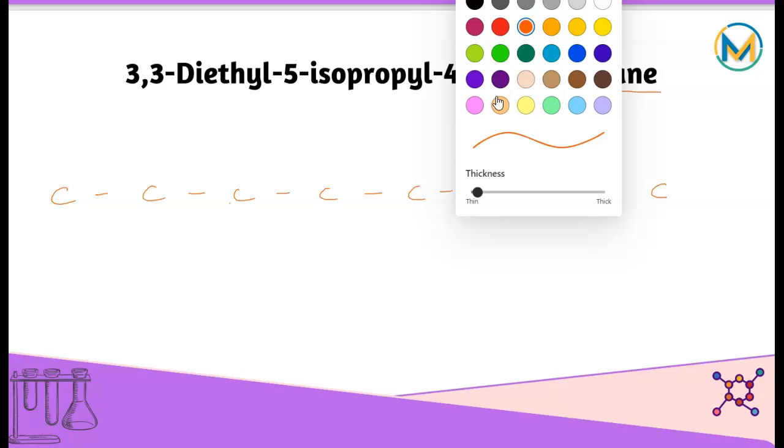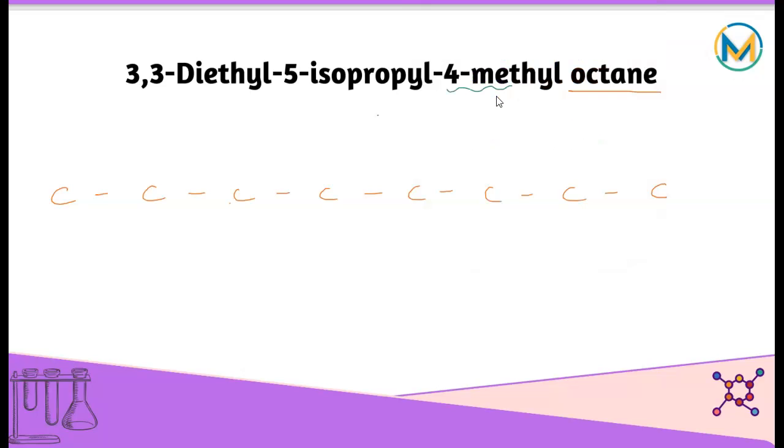Then let's put the first attachment, 4-methyl. Then we have 3,3-diethyl, that's another attachment, so let's put it here: ethyl group here, ethyl group here. Then I have 5-isopropyl on the fifth carbon. Isopropyl is when the second carbon is connected, so it's going to look something like this.